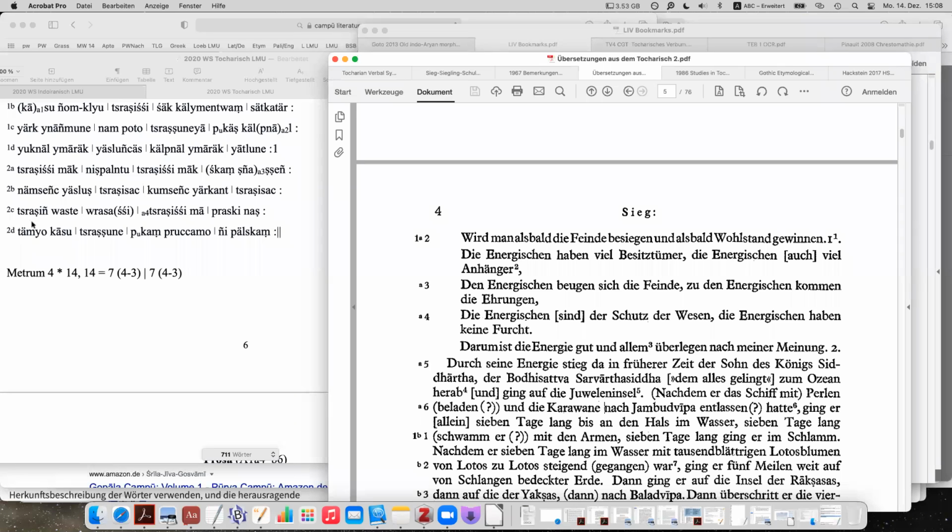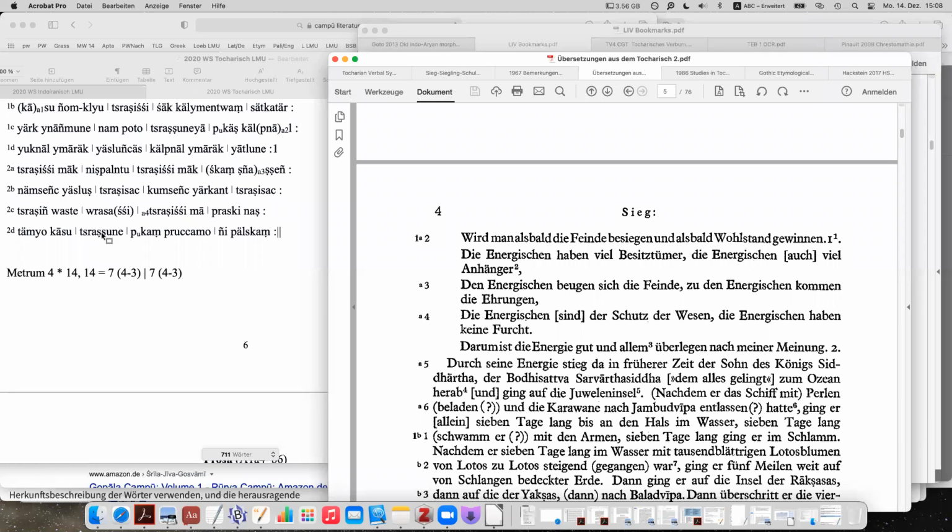And therefore, kasu tumio kasu tsasune kam pruchamo nie pluskam. So therefore, the power or the magnitude, the power or the energy and so on, Sanskrit vyayam.